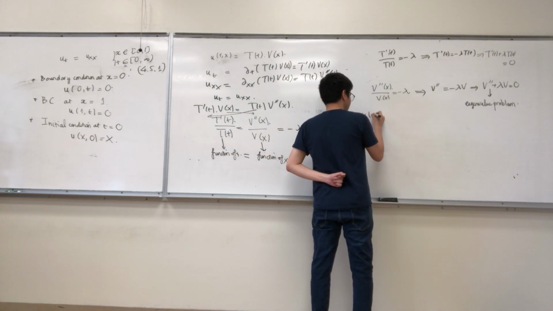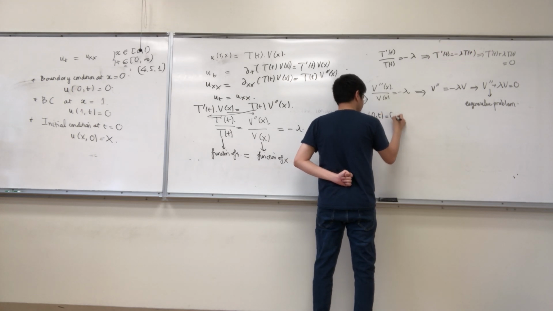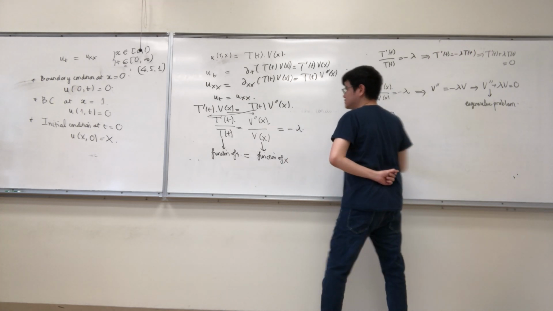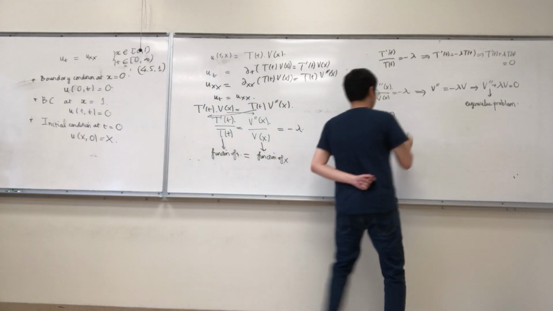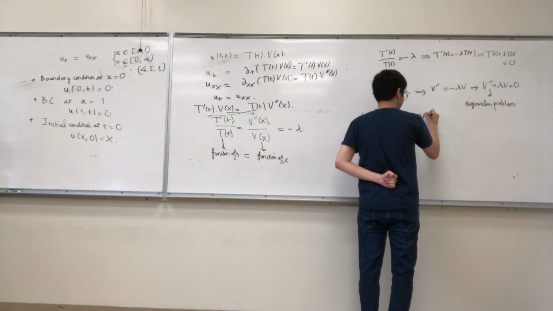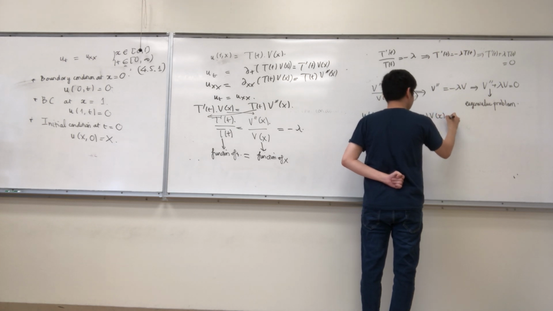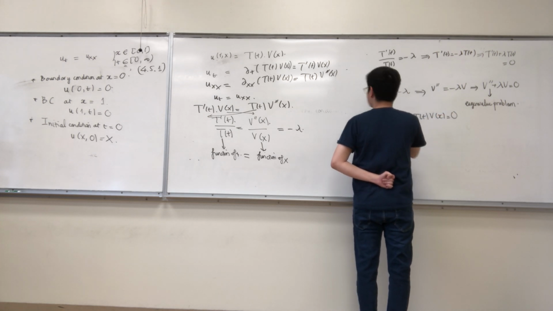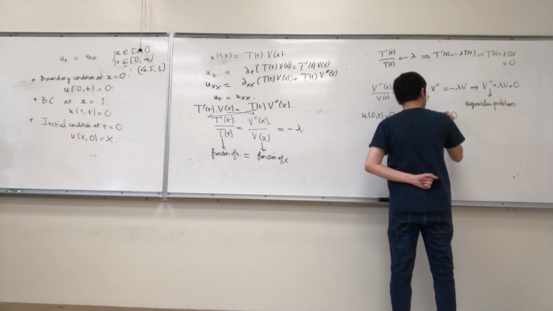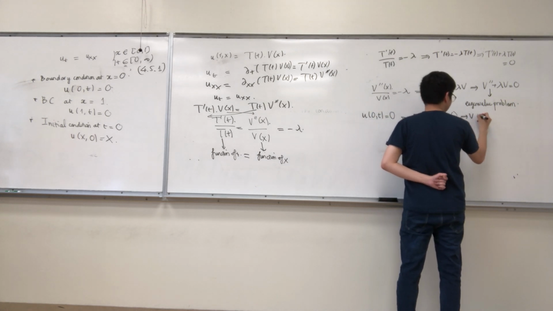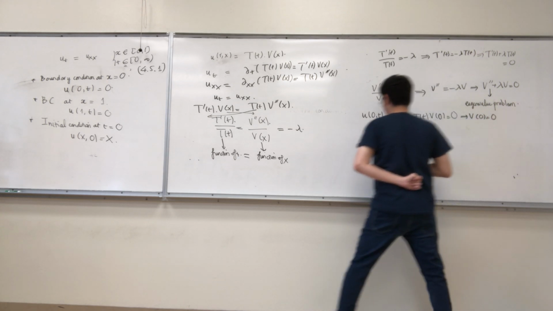You have u(0,t) is 0. So this is the boundary condition here, right? So this is x equal to 0, which means that T(t) times v(0) is 0, which means that v(0) is 0.